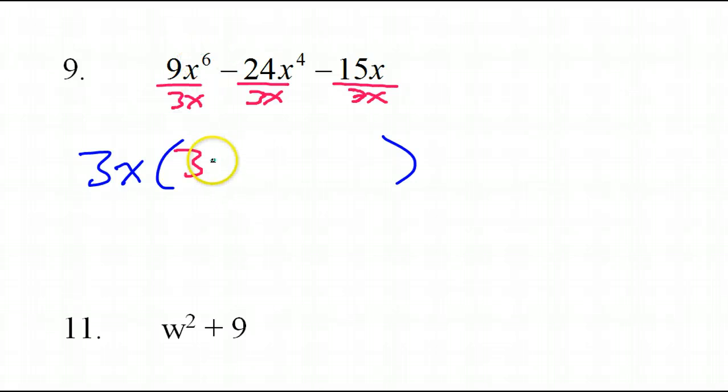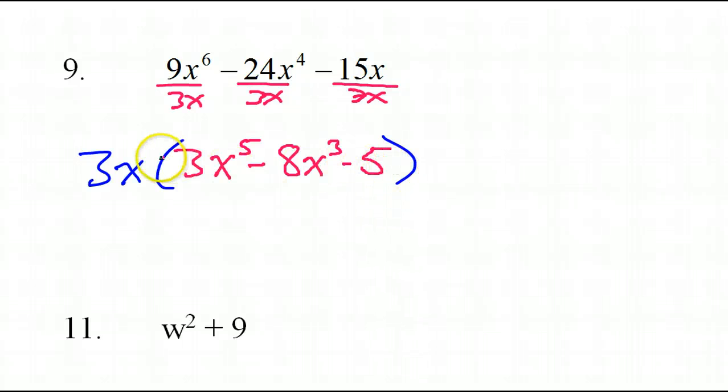This x cancels an x out, leaving 5. I see the minus sign. 24 divided by 3 is 8. This x cancels out one of these x's, leaving behind 3. I see you, minus sign. 15 divided by 3 is 5. And these x's right here cancel out completely. Thus, no x's. Nothing's common on the inside, so we're good.